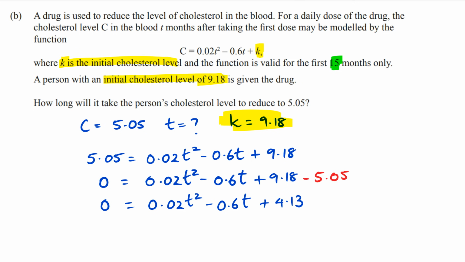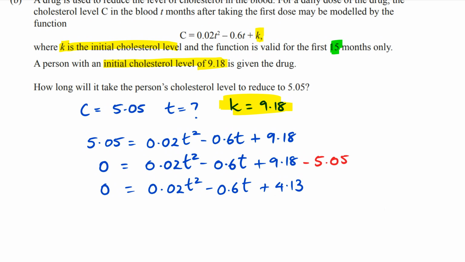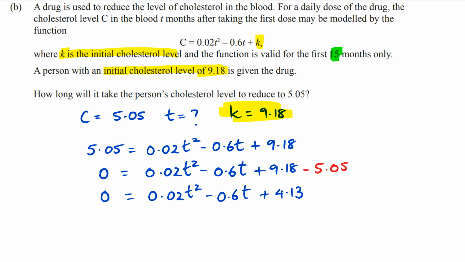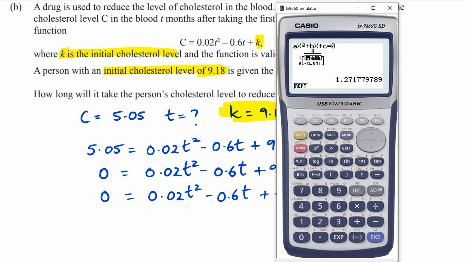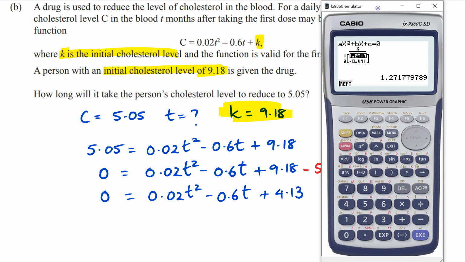As you can see, we have another quadratic equation, so again we're going to use the graphics calculator to solve this. Our a value is the value in front of t squared, which is 0.02, then we've got negative 0.6, and then 4.13.